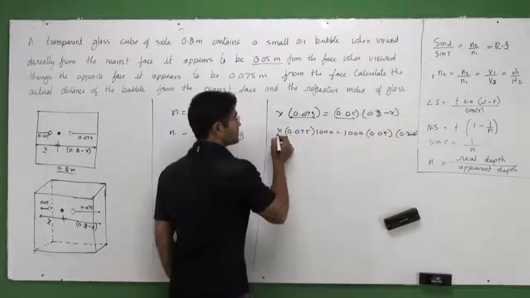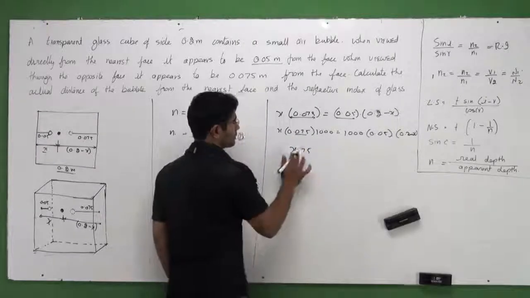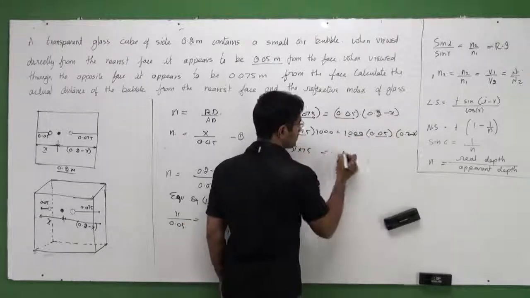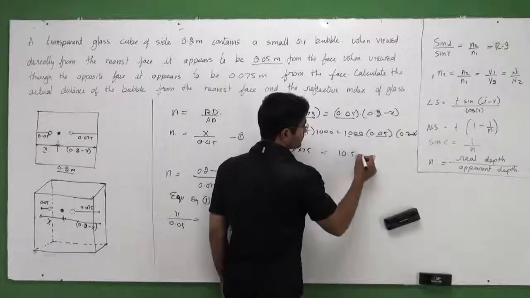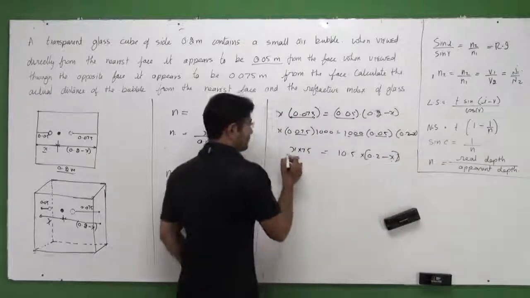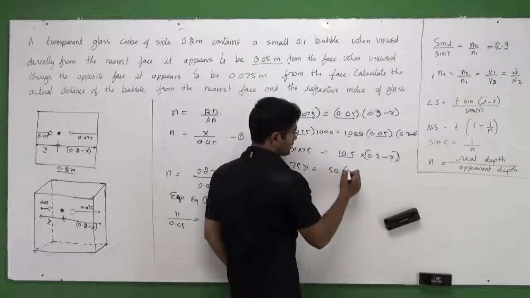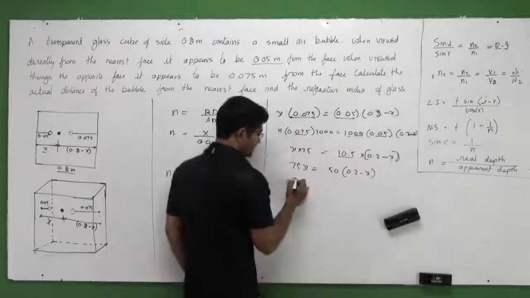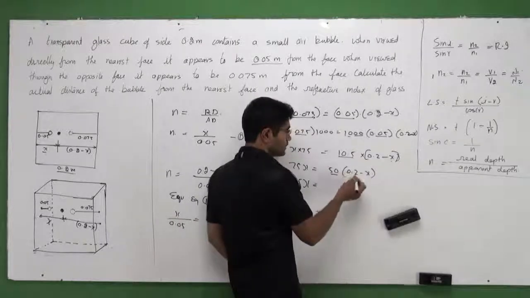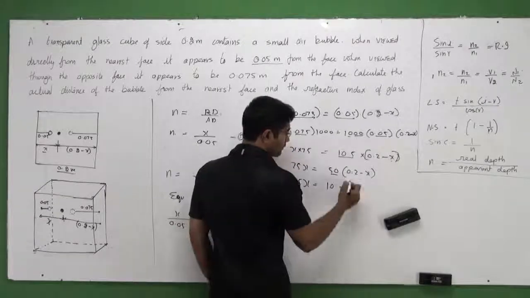All the 3 decimals are gone, so I get 75x is equal to 50 into 0.2 minus x, that is 75x is equal to 10 minus 50x.